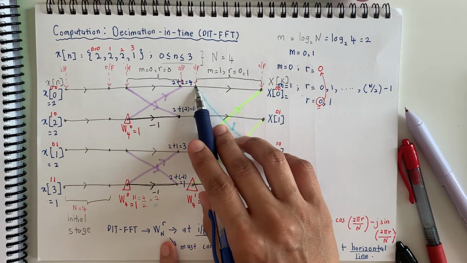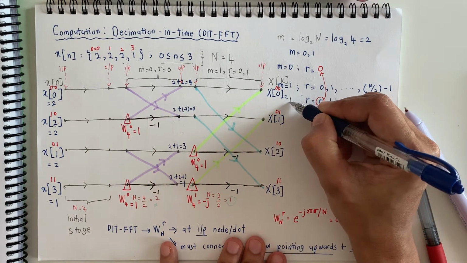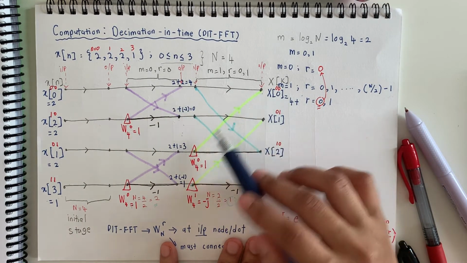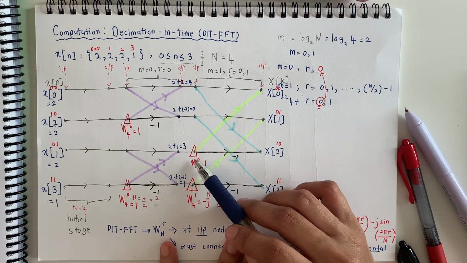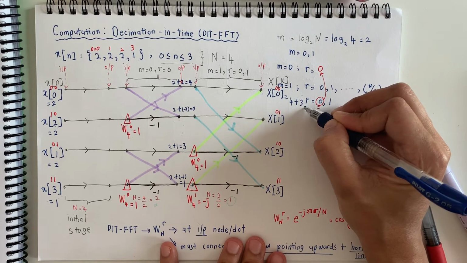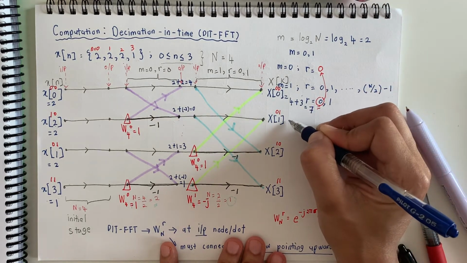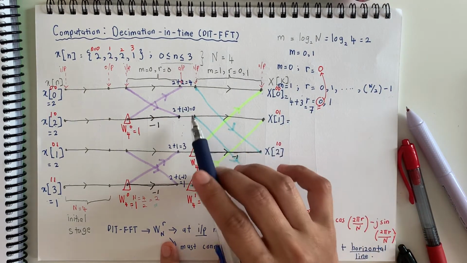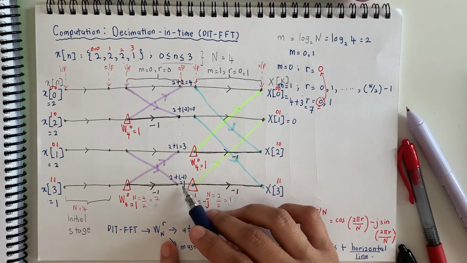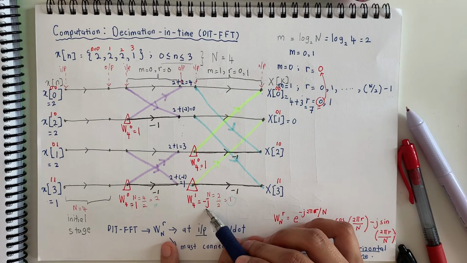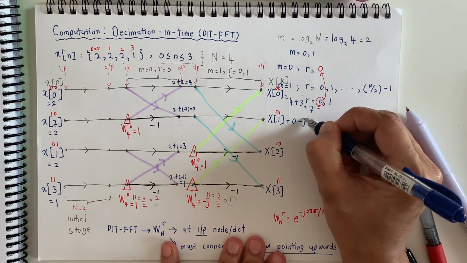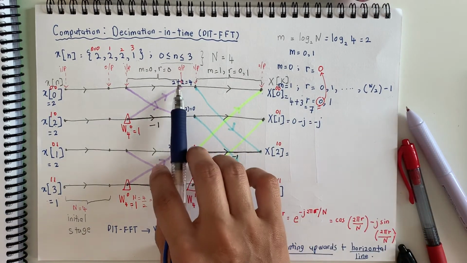So 4 times 1, 4, plus, you follow the lines, 3 times 1, 3. So x0 is 7. Next x1, 0 times 1, 0, and then 1 times minus j, times 1, minus j.